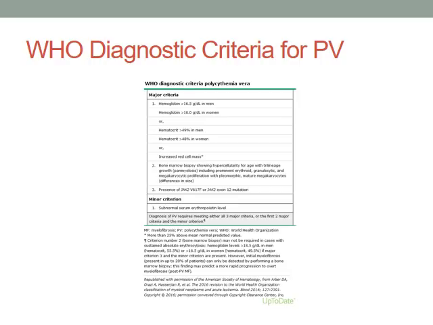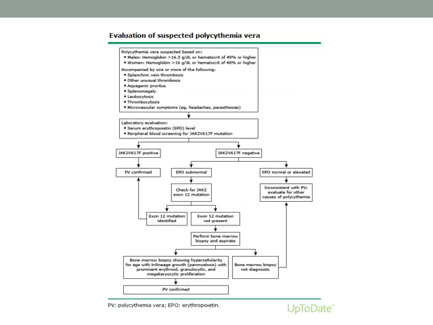Criteria number 2 would be bone marrow biopsy that shows hypercellularity. And major criteria number 3 would be the JAK2 mutation. The minor criterion involves a subnormal serum erythropoietin level. Again, the patient needs all 3 of the major criteria or the first two major plus the minor criterion for diagnosis.